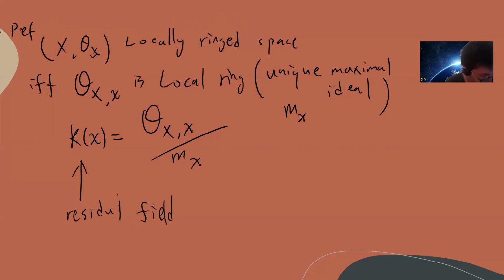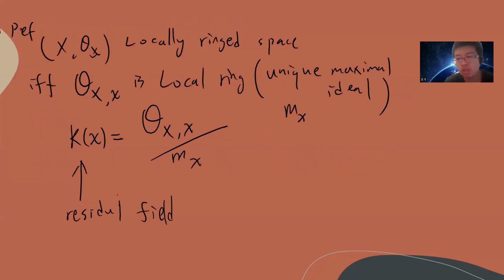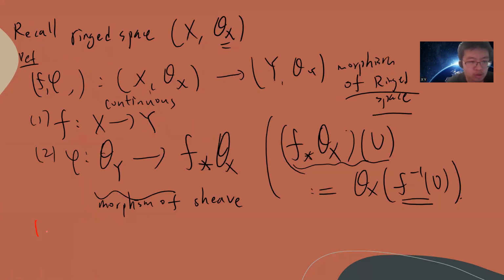We can incorporate this morphism of ringed spaces into a morphism between local ringed spaces. The requirement for local ringed spaces is that we add a condition here.